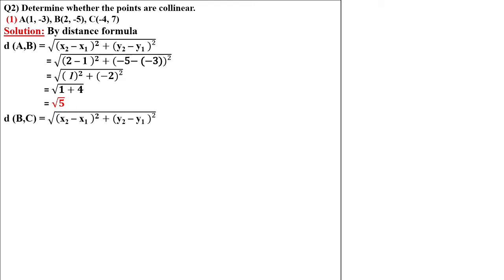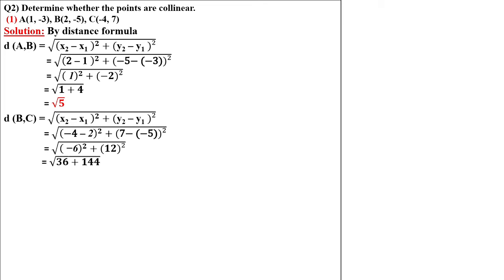Now the distance between the points BC. We substitute the values: x2 is minus 4, x1 is 2, whole square, plus y2 is 7 minus y1 which is minus 5. So here minus 4 minus 2 is minus 6. Then the bracket has minus and plus, so 7 plus 5 is 12, whole square.